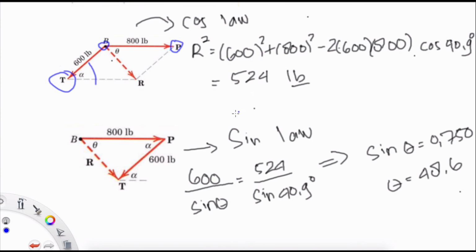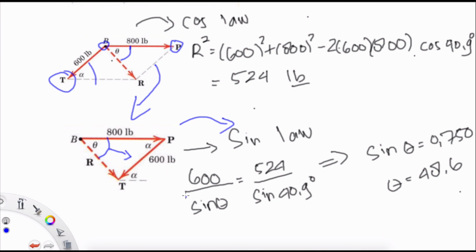It will be 524 pounds. If you want to know in what direction, we have to know the angle of R from P. So we need the angle here. The easiest way is to transform this into the triangle law, and we use the sine law. From the sine law, here in front we are looking for this.